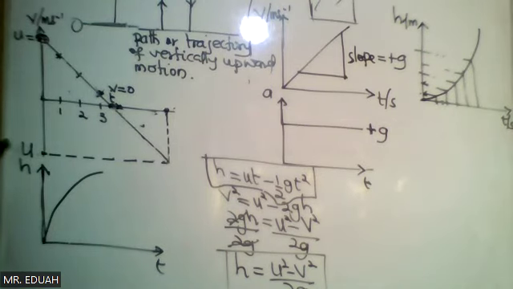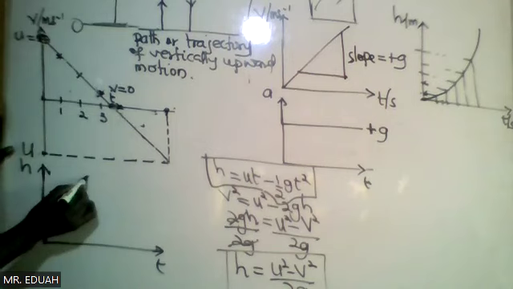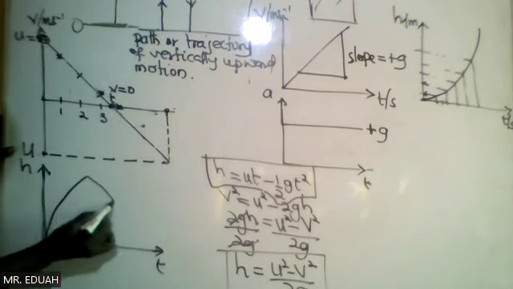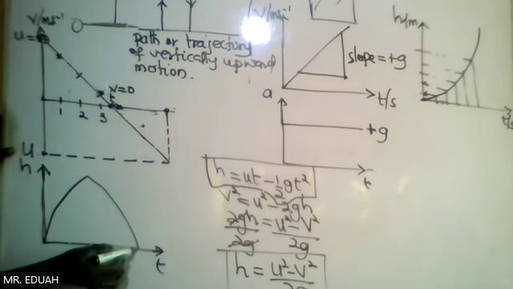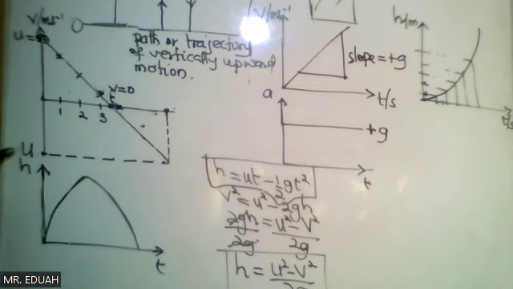Now, when it gets to the maximum height, it will not remain there forever. It will certainly come down. So when it is coming down, the path is also like this. So this is the displacement time graph.